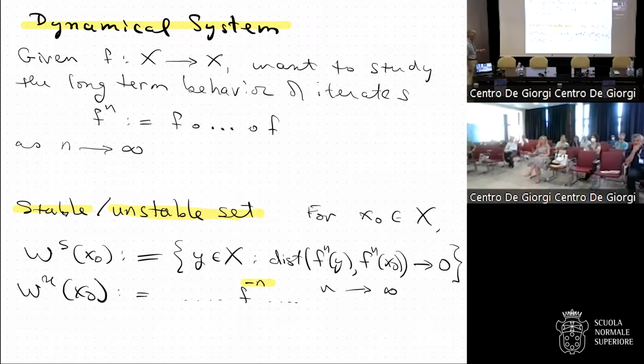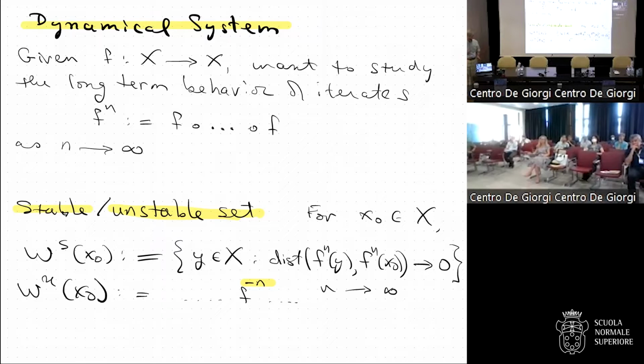So let me define one of the basic objects that people look at in dynamical systems. You can take a point, or it could be a set, but the stable set associated with this point x naught is all of the points y in the space such that in forward time, the orbit of y chases the orbit of x.